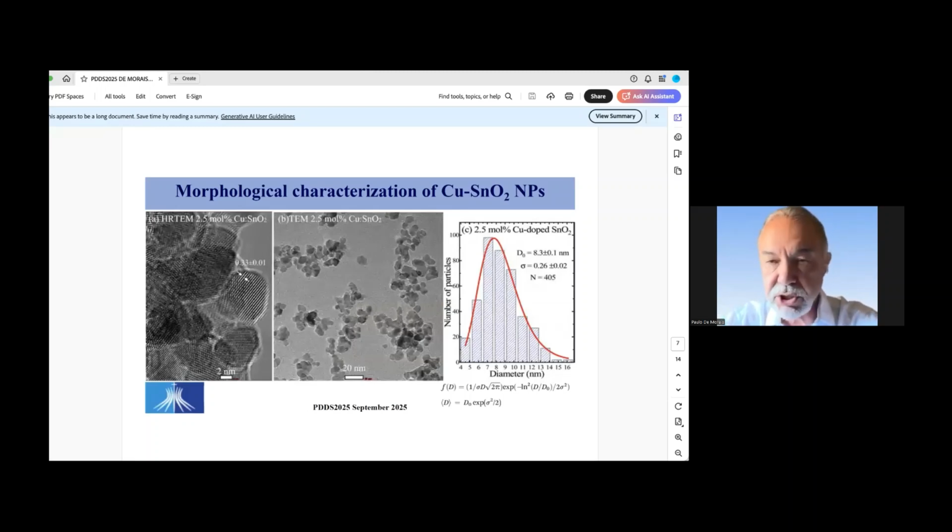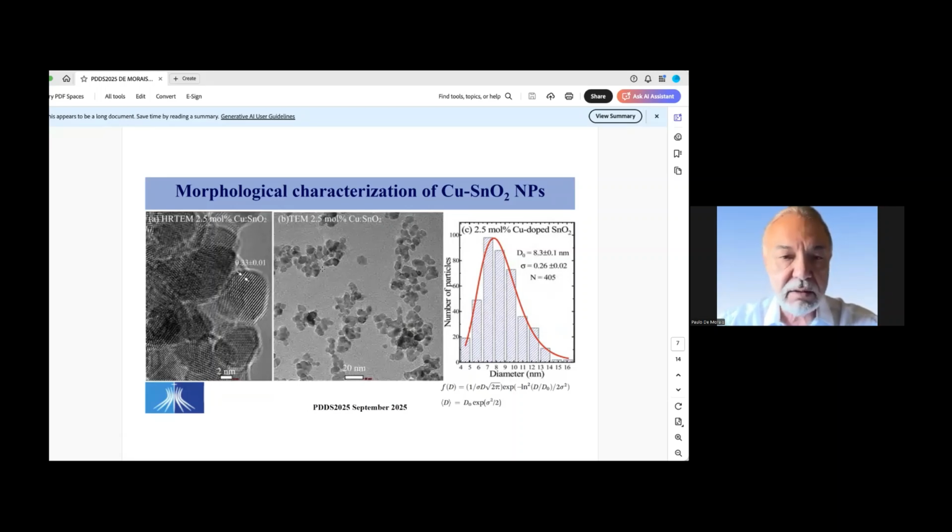Let me show you just a couple of them. So the morphological characterization we performed using transmission electron microscopy and also high resolution transmission electron microscopy. You can see on the panel on the left-hand side, this is the high resolution. You can see the typical plane distance inside the nanoparticles.